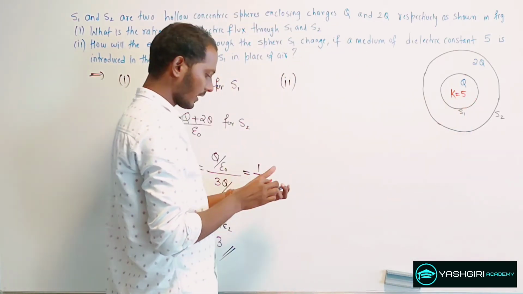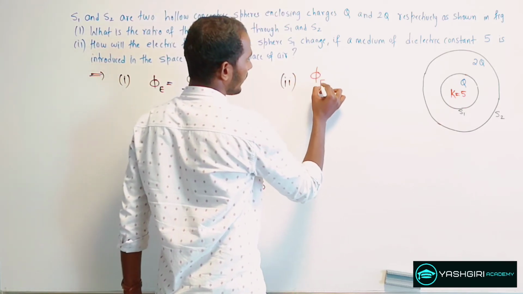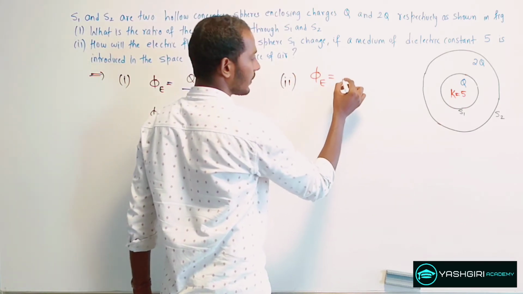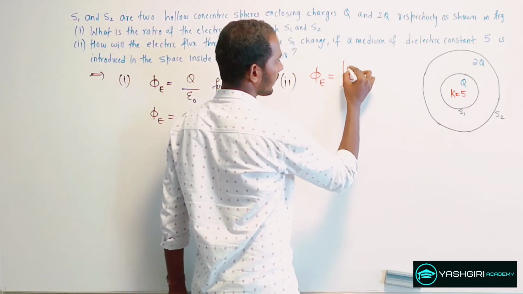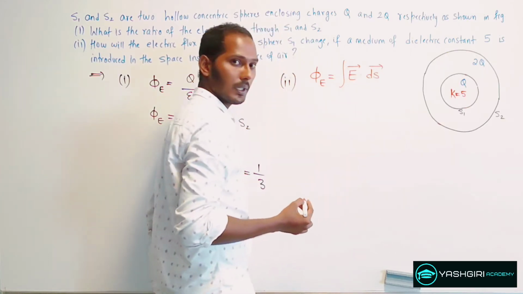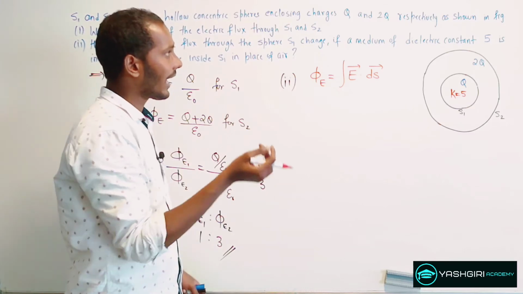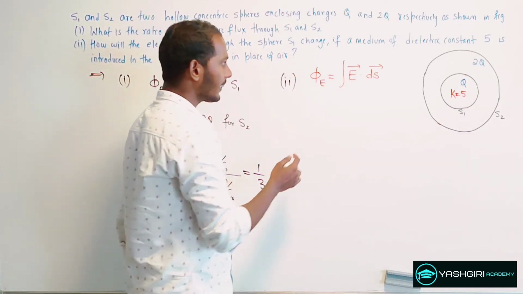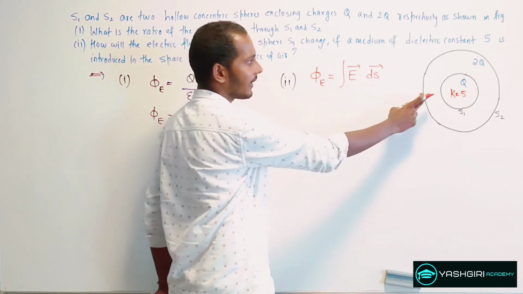Now if you see, phi of E is equal to the integral of vector E dot vector ds. That's the expression, right? So this is for the vacuum case. Now when you have a dielectric medium, the electric field will get reduced by this much.